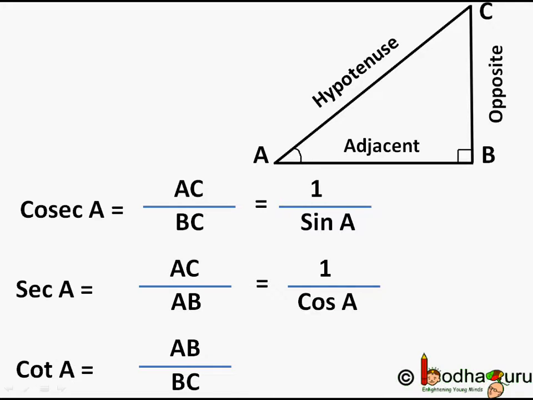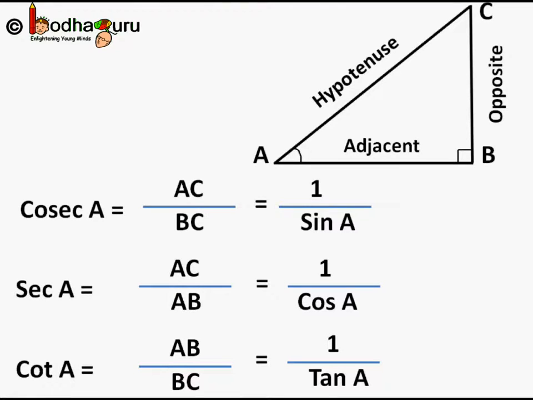Cot of A is adjacent side AB by opposite side BC, which is nothing but 1 by tan of A. So very simple. Cosec A is equal to 1 by sine A, sec A is 1 by cosine A, and cotangent A or cot A is 1 by tan A.